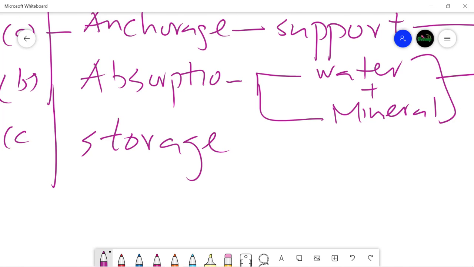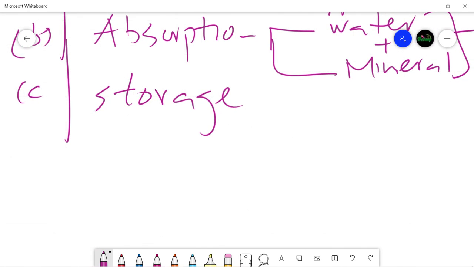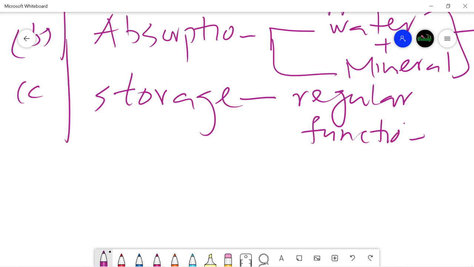However, sometimes it becomes a specialty, as we have seen in a large number of roots, both in taproot as well as adventitious roots, which become thick and fleshy, and that is due to the storage of food. So storage can be treated in two ways: a normal or regular function, and also a special function.